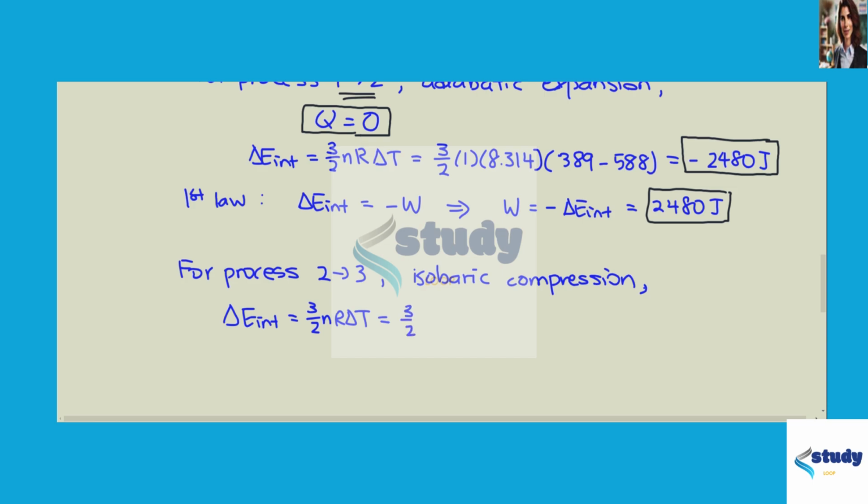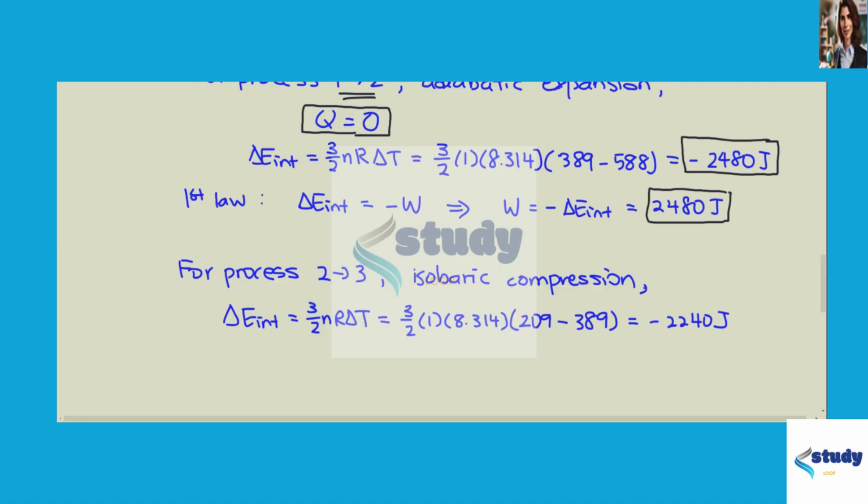So 3/2 times 1 times 8.314 times (T3 minus T2). T3 is 209, then T2 is 389. And you calculate this, you get negative 2240 joules.